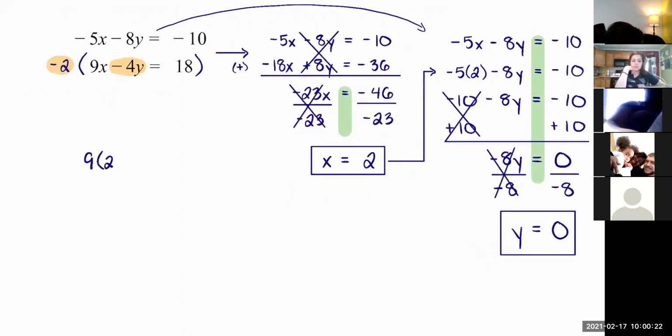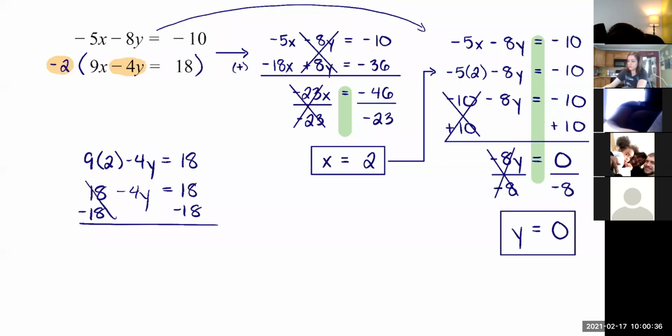We'd have 9 times 2 minus 4y equals 18. 9 times 2 is 18. Subtract 18 from both sides. I get negative 4y equals 0. Divide by negative 4. I still get that y equals 0.